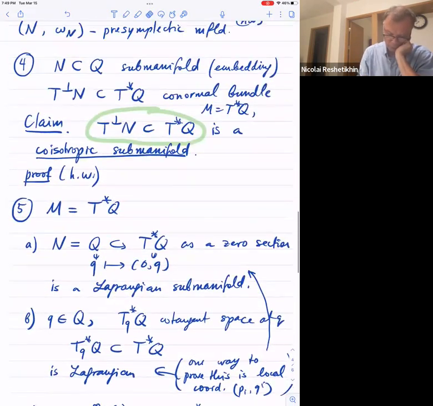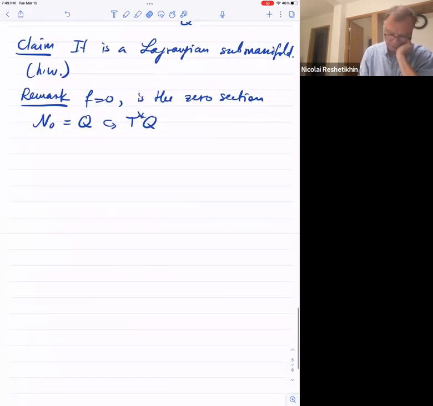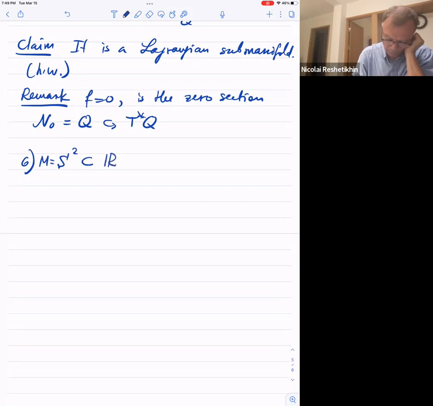So this is all about cotangent bundle. Now let's look again at some other example of a symplectic manifold. Let's consider M to be a sphere of radius R in R3, just defined by this equation.